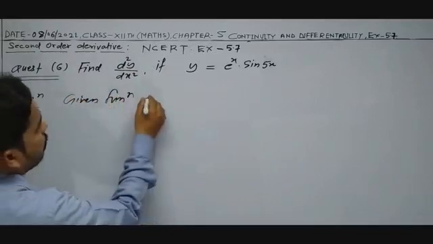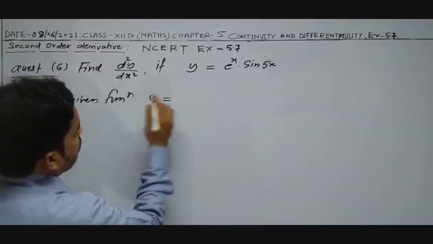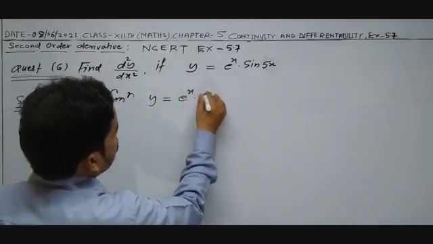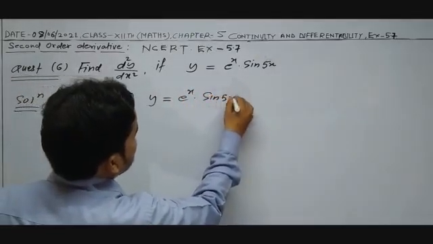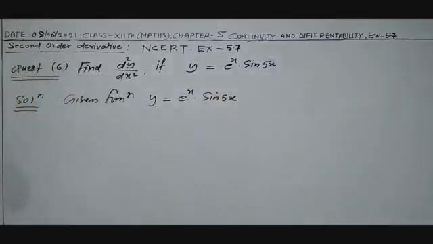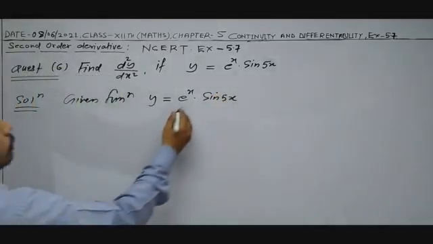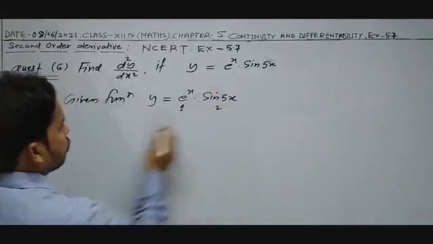So the given function is y equal to e to the power x into sine 5x. You can consider function 1 and function 2.